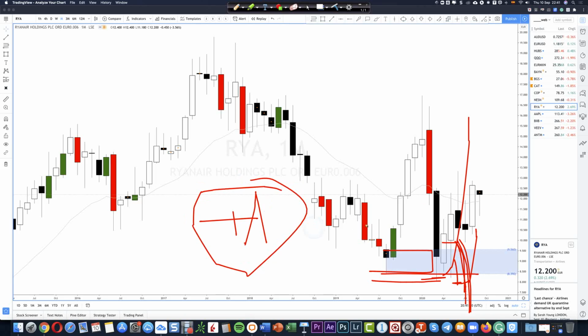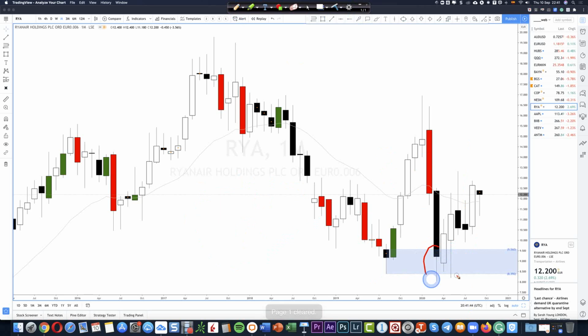So the thing is that you want to buy, you just buy. Okay, how can you buy here? Ryanair, which is a stock. Well, you can buy the stock, the underlying, because you believe in this company for the long term, and it is very cheap, £9 per share.